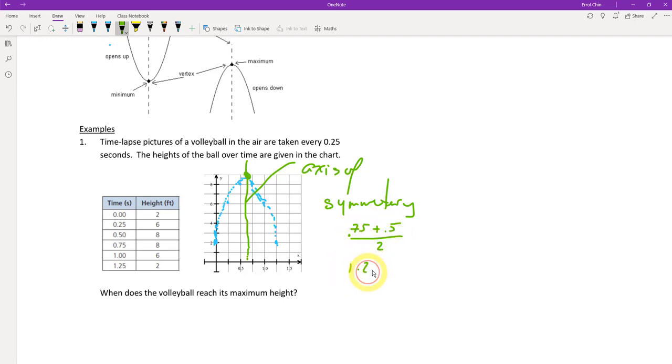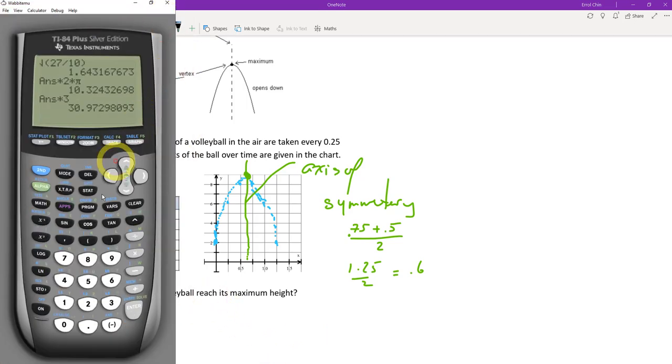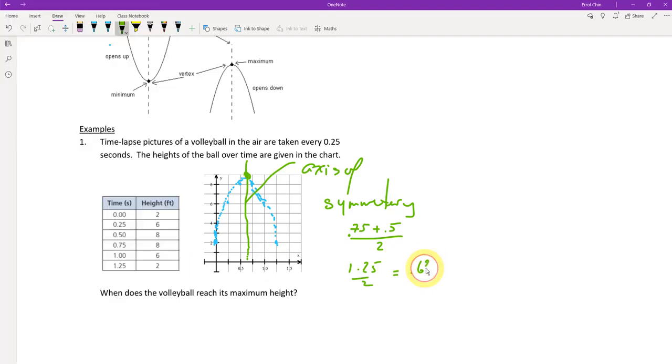So it's going to be 1.25 divided by 2. So it's going to be 0.6. You know what? I better not guess. Just use a calculator here. So it's going to be 1.25 divided by 2. So 0.625 seconds. Okay.